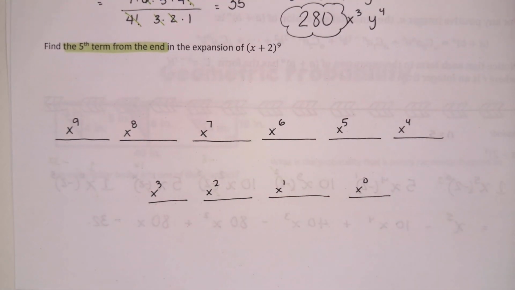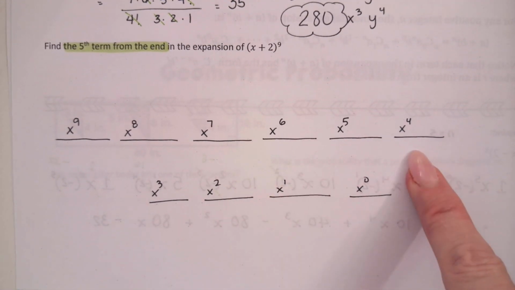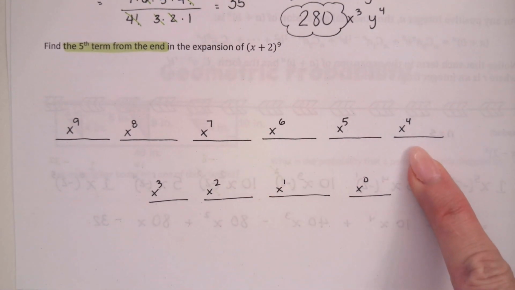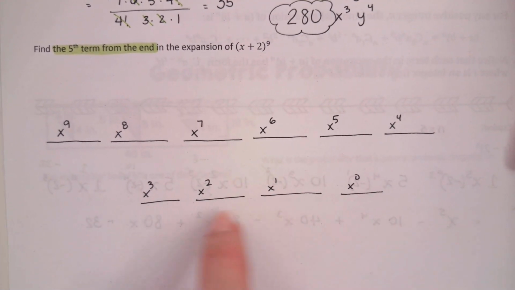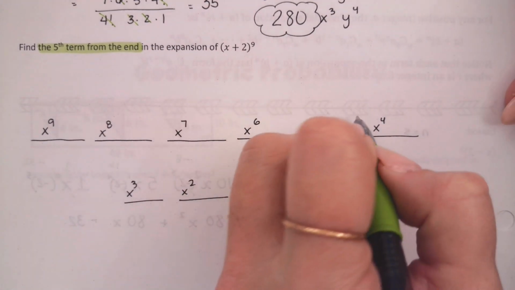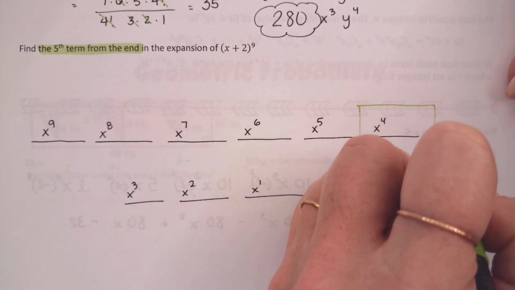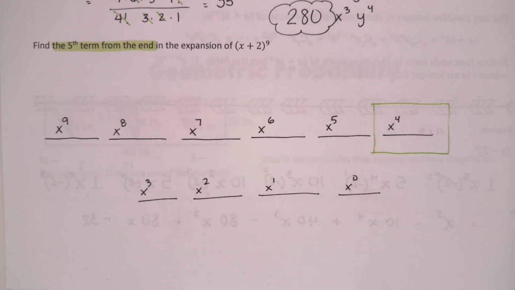Okay, so fifth term from the end: 5, 4, 3, 2, 1. Is this one? Was it the fourth term, Danny? No, it wasn't. 1, 2, 3, 4, 5. This is the fifth term from the end. I was thinking 9 minus 5, but that would also be wrong. That's the one we've got to focus in on.